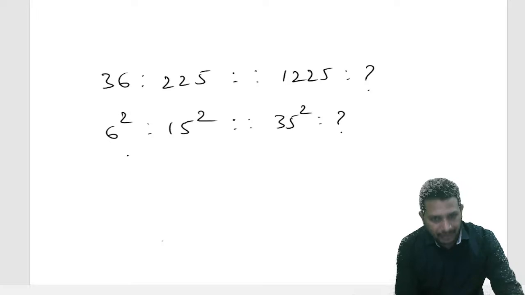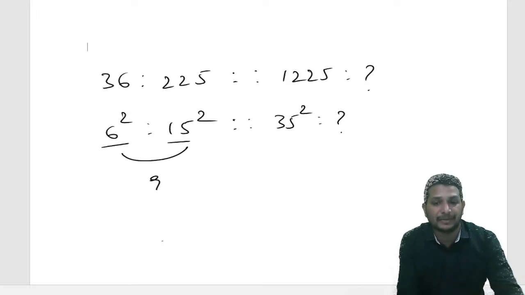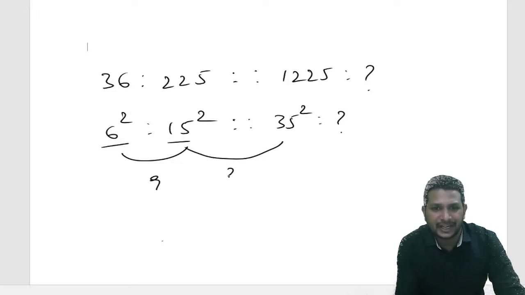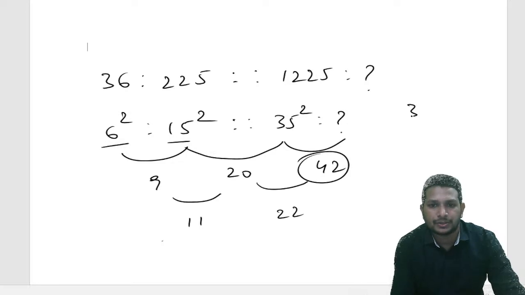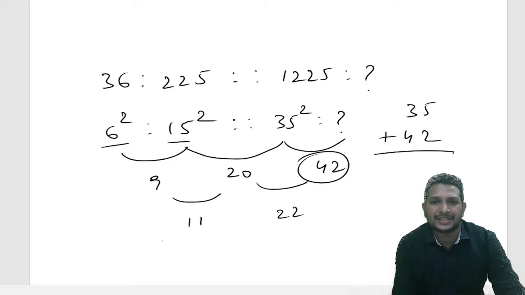From 6 to 15, how much is the gap? 15 minus 6 is 9. In the same way, from 15 to 35, the gap is 20. So here the gap is 11, and the next one should be 22. So it should be 42, and 35 plus 42 is 77.